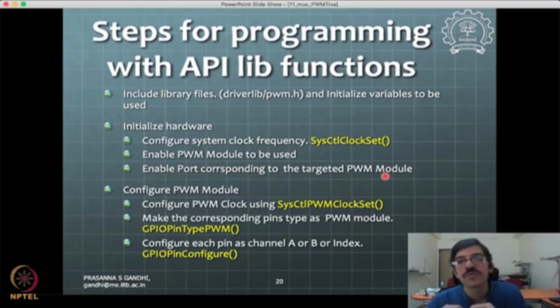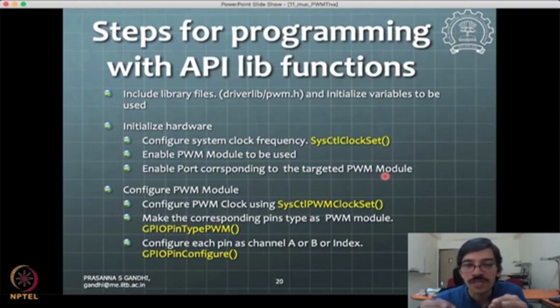I'll not give you the entire thing here, so you need to figure it out based on the steps listed here and the understanding given in the PWM. It's a bit of a skill or art to master, seeing appropriate information at the appropriate place. If you start writing the data sheet or the entire chapter on PWM, things will become too lengthy, and you may not need a lot of such things.